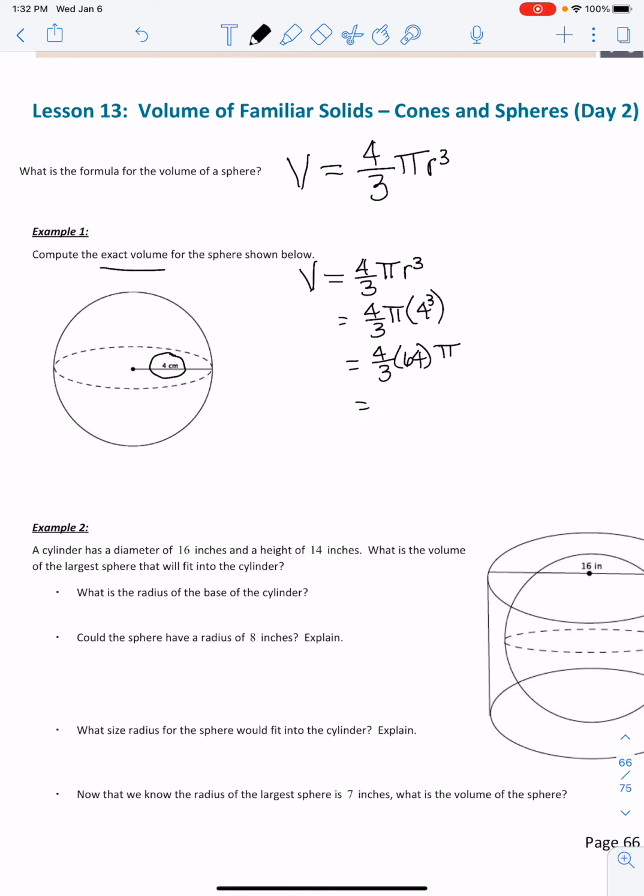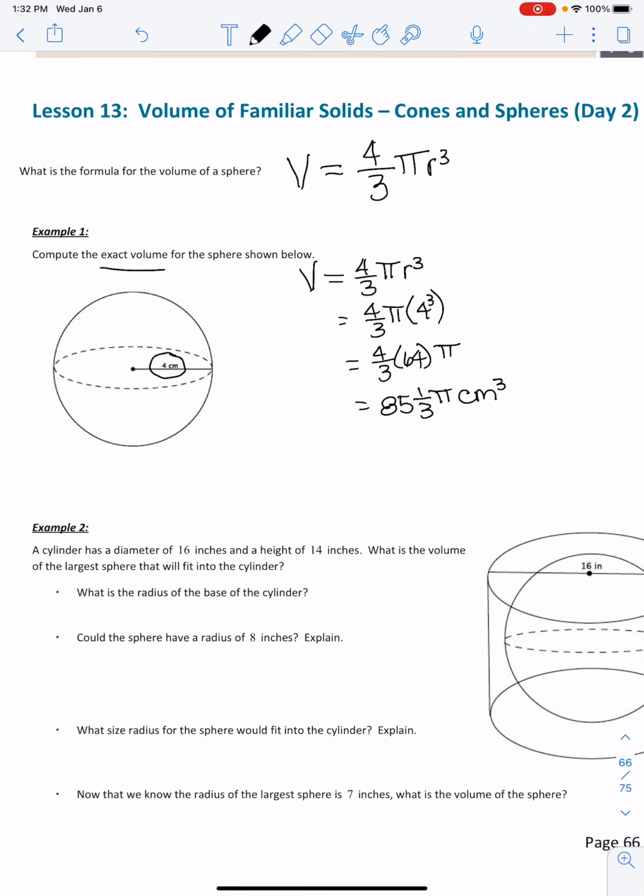And when I multiply that, I have 85 and 1/3 pi centimeters cubed.